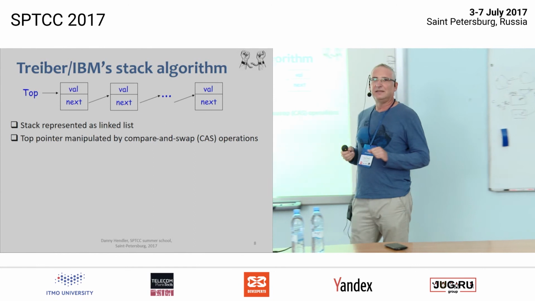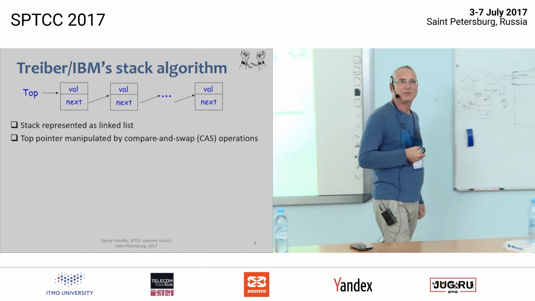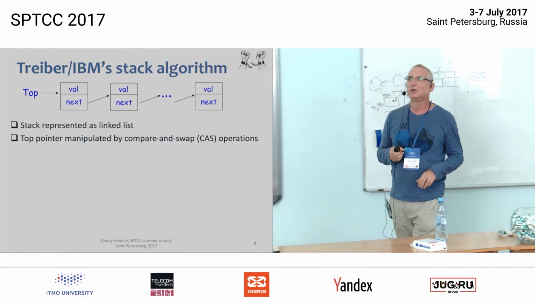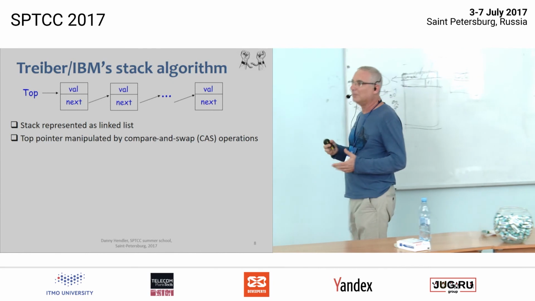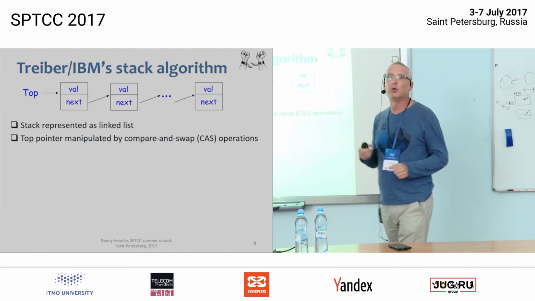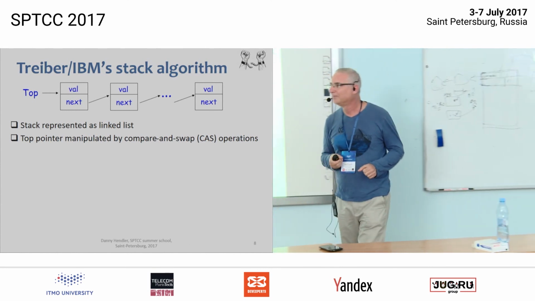In the mid-80s, IBM, in one of its manuals, published a relatively simple algorithm meant to exemplify how we use the compare and swap operation that was introduced more or less at that time.